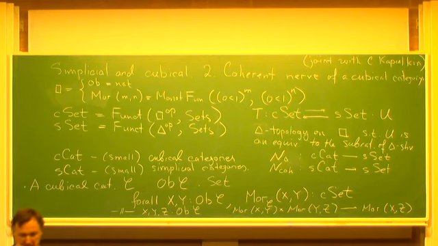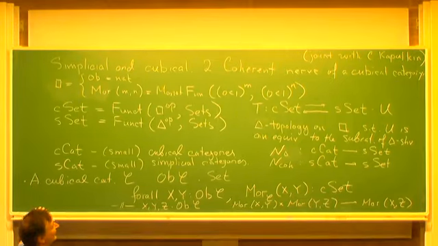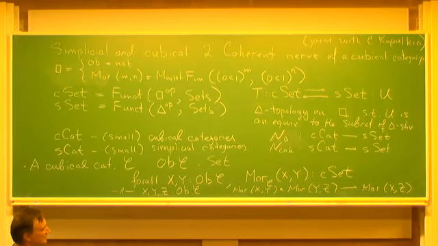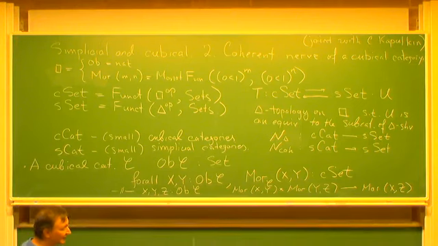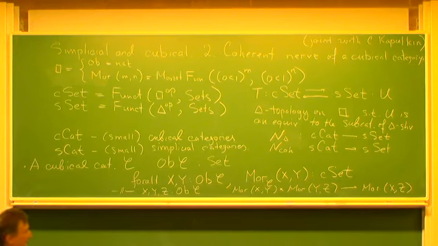So this product structure will have to be chosen before we can, if we're doing things carefully, say what the cubical category is. We first have to construct a binary product structure, and then we can say what the cubical category is.